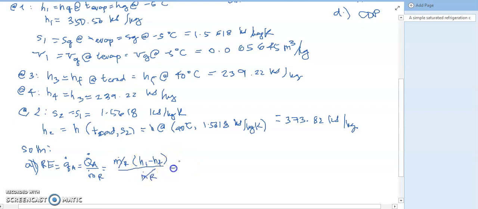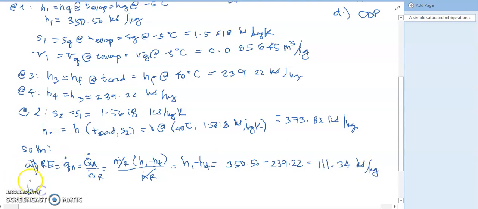So we have refrigerating effect is simply H1 minus H4. And then we have value of H1, that is 350.56 minus H4, 239.22. With the aid of your calculator, we will be having refrigerating effect as 111.34 kilojoules per kilogram. Okay?